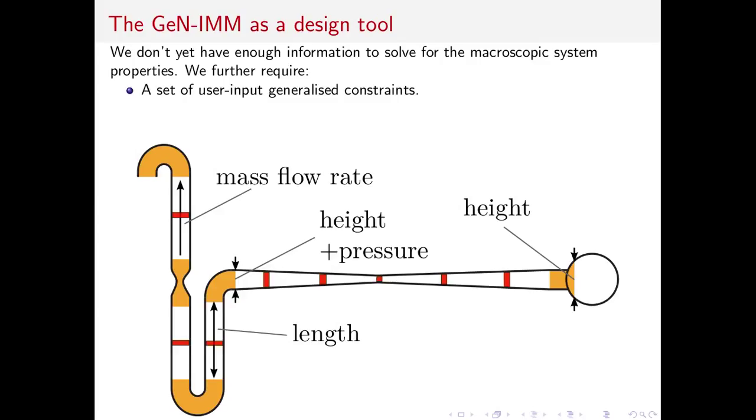So the GenIMM, when used as a design tool, provides speed up over a full molecular simulation in two main ways. Firstly, by not having to simulate the channel components in their entirety, and secondly, by not having to use a trial and error process to determine the correct geometry which will yield the desired macroscopic system properties.